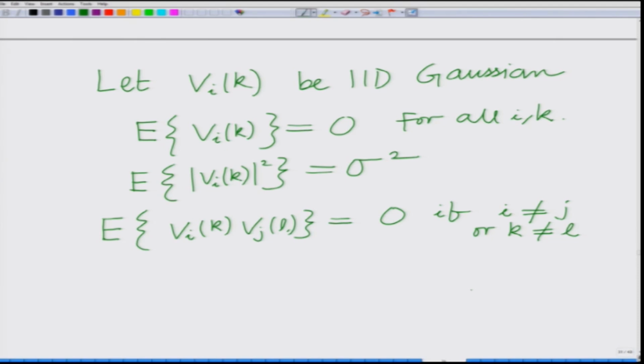Okay. So, the noise samples V_ik are IID Gaussian, they are 0 mean, variance sigma square each, and the correlation between any two noise samples corresponding to either distinct receive antennas, or distinct time instants, or both is 0.